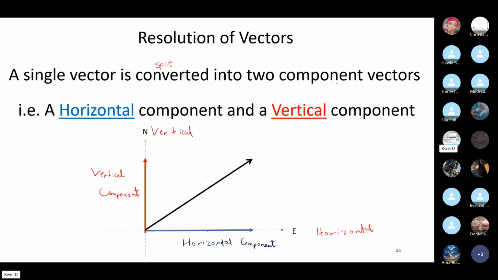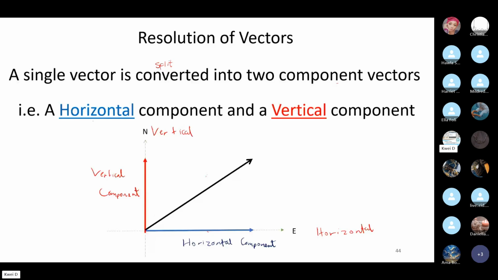That means you take a single force and split it into two component forces, the horizontal component of that force and the vertical component of that force. If you take a vector like velocity, you can take a single velocity and split it into two component velocities.